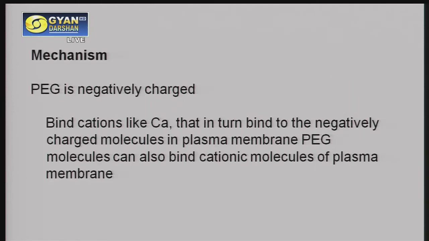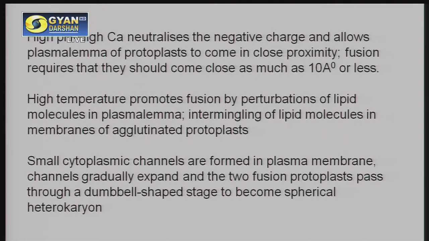There is a certain mechanism, because PEG is negatively charged, and if you use calcium that binds to the negatively charged molecules in the plasma membrane, the PEG molecules can bind to the cationic molecules of the plasma membrane. Then high pH, high calcium neutralizes the negative charge and allows the protoplasts to come into close proximity.